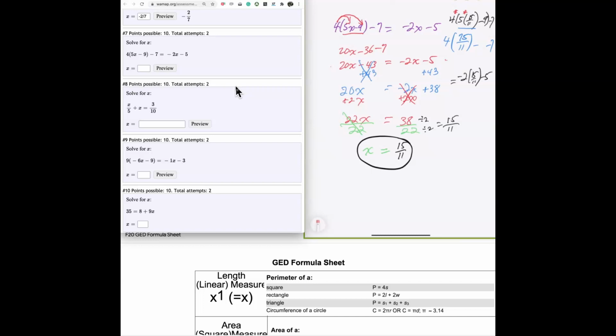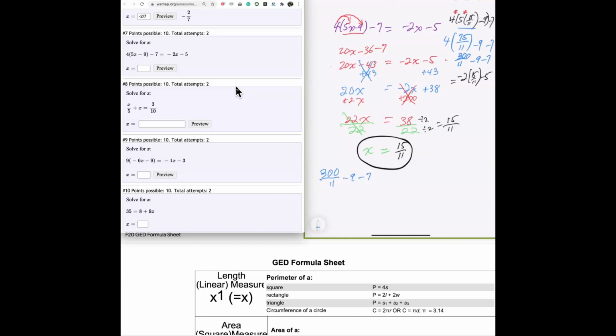Oops, we need the 9. All right, so 4 times 75 elevenths is going to be 300 over 11, minus 9 minus 7. I'm running out of room, so I'm going to copy it down here. 300 elevenths minus 9 minus 7.